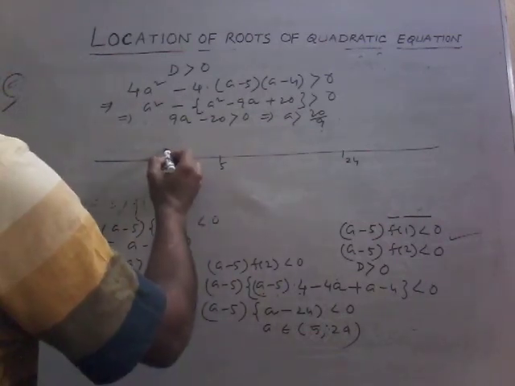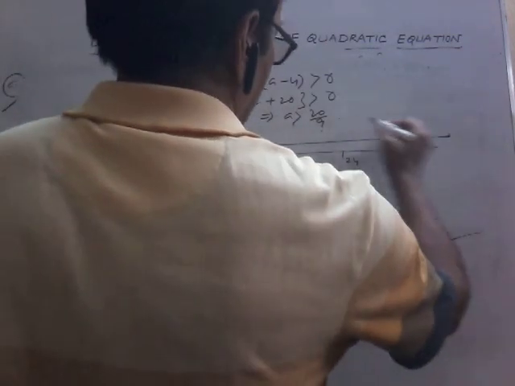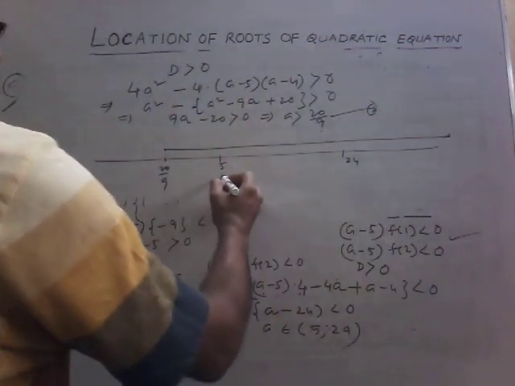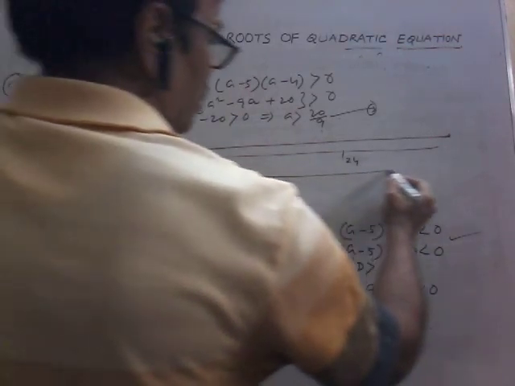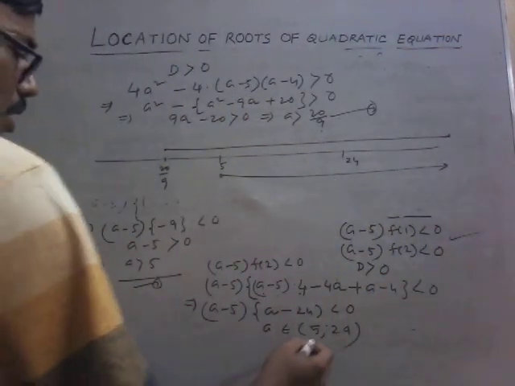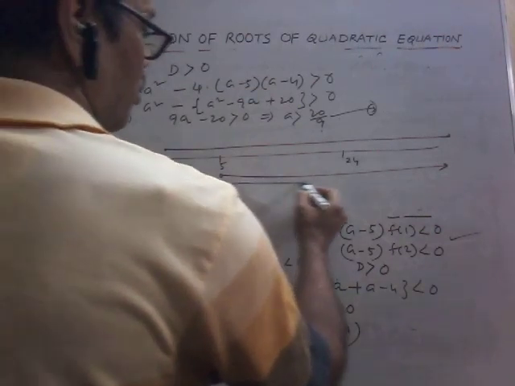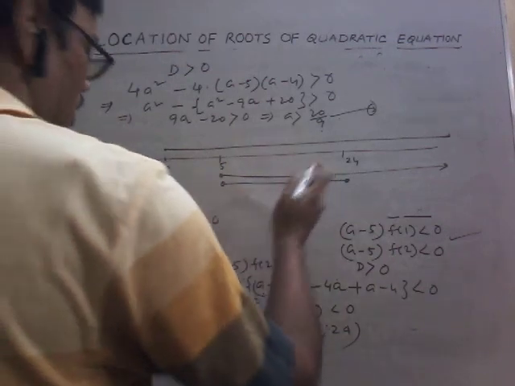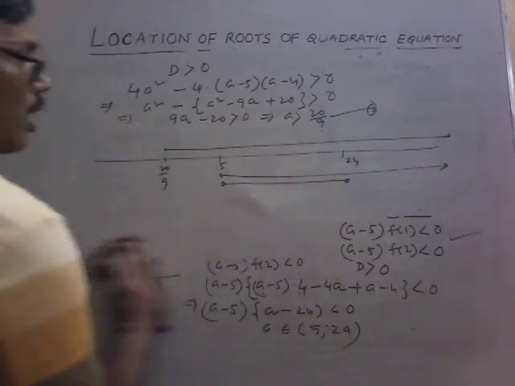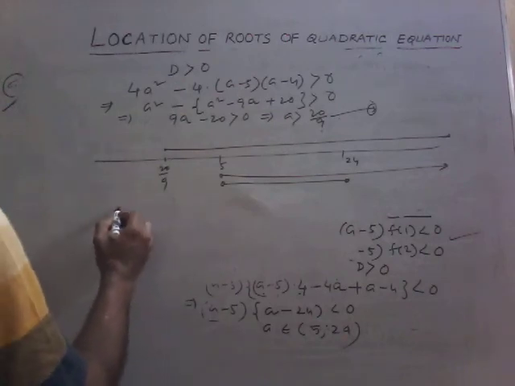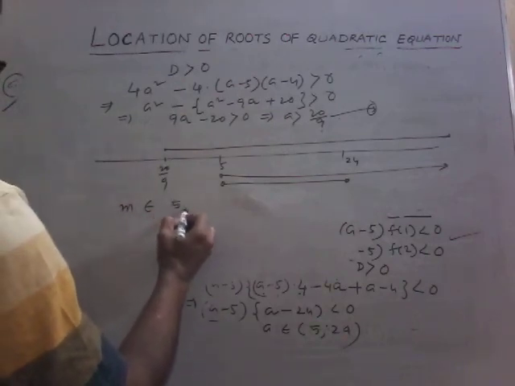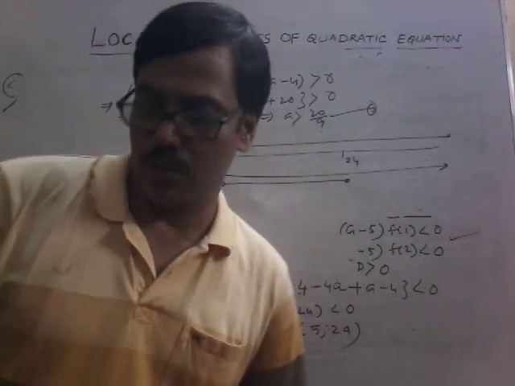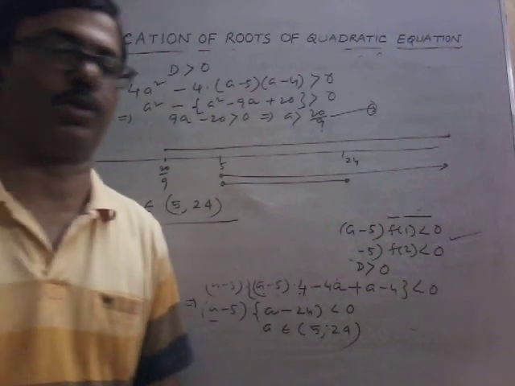So a greater than 20 by 9, this is 3. a greater than 5, this one. And finally 5 to 24. So what is the common region? I think the common region is 5 to 24. So a belongs to 5 to 24.